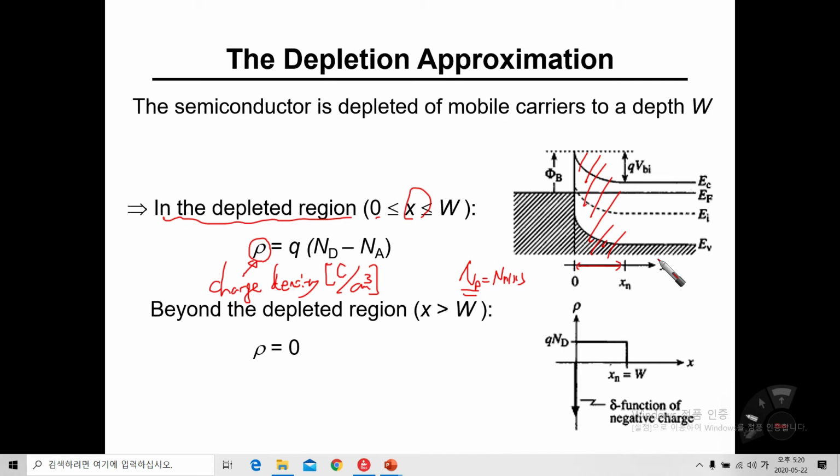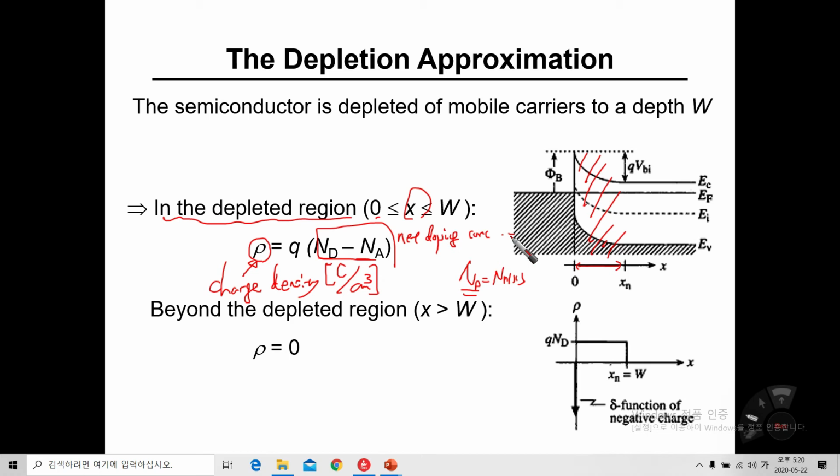So donors and acceptors are mixed together, but the donor concentration must be higher than the acceptor concentration because this is an n-type semiconductor. So Nd minus Na indicates the net doping concentration.